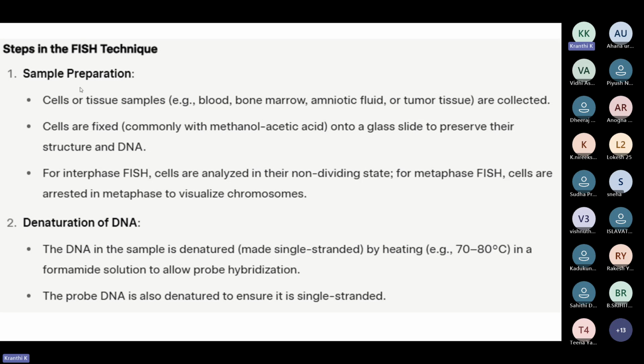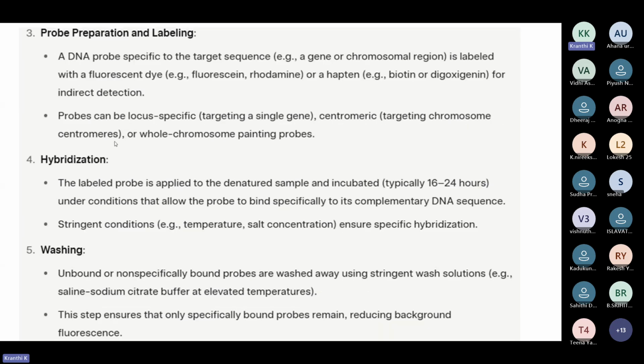So the first one is sample preparation. Later you are denaturing the DNA. Then after denaturing the DNA, you are adding the probes with the fluorescent dyes. These probes will go and attach to a targeting site, maybe a single gene or maybe a centromere, or sometimes, we have different techniques, it may paint the complete chromosome.